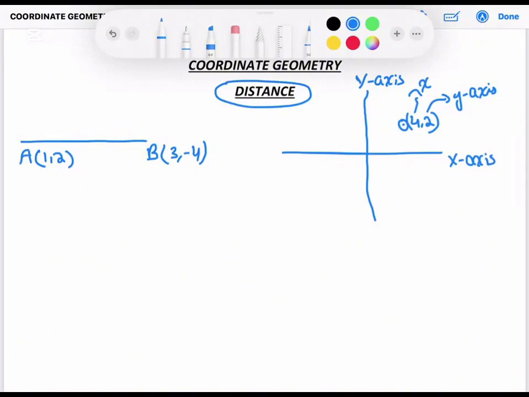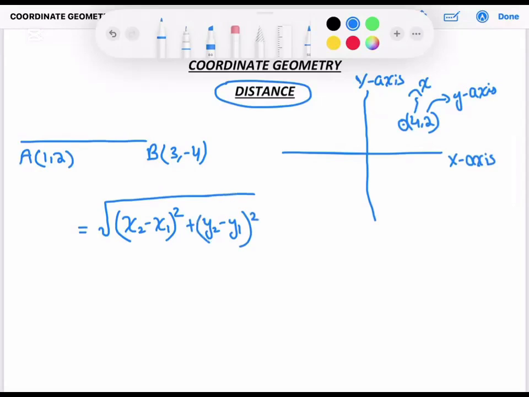Find the length. So the formula to find the length using the two coordinate points is the square root of (x2 minus x1) whole square plus (y2 minus y1) whole square.